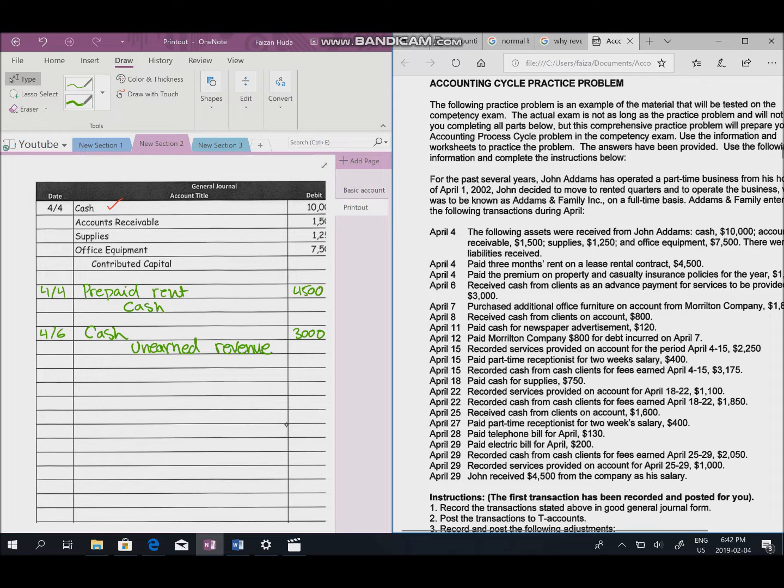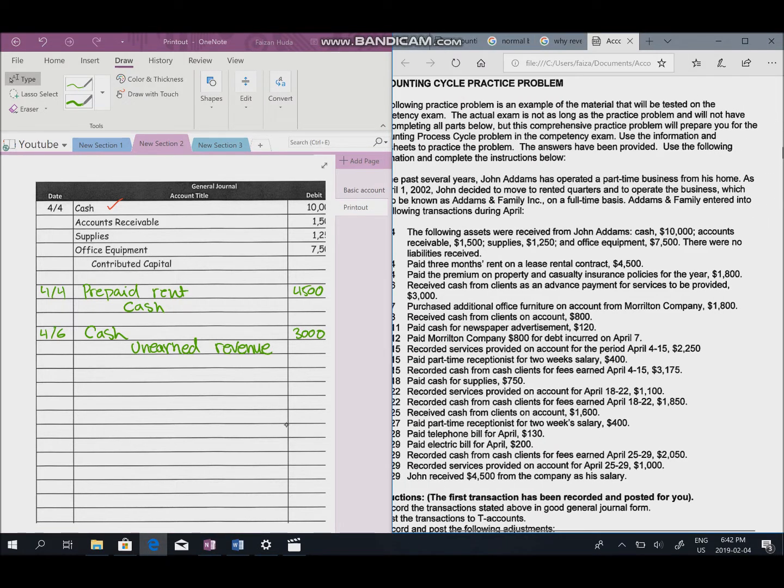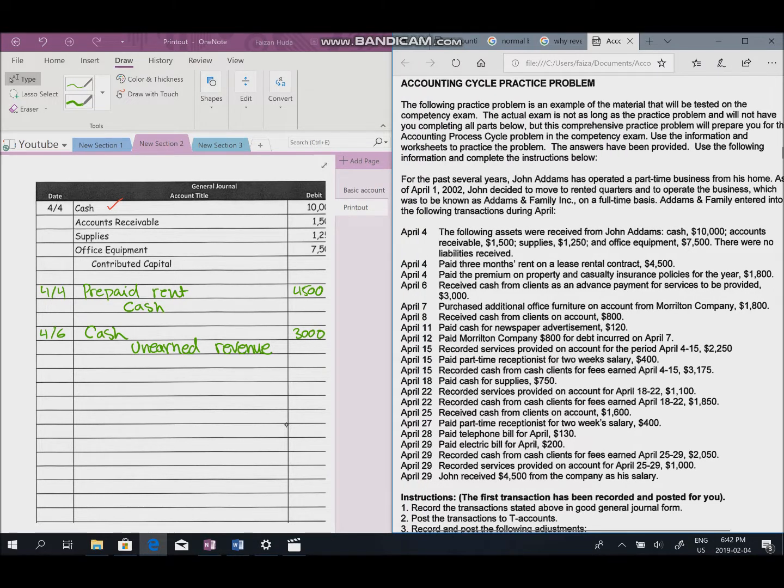On April 7th, we purchased additional office furniture on account from Mortenson Company, $1,800. Keyword here is purchased on account. Whenever it's purchased on account, that means you have to pay whoever you purchased it from. So that means accounts payable.